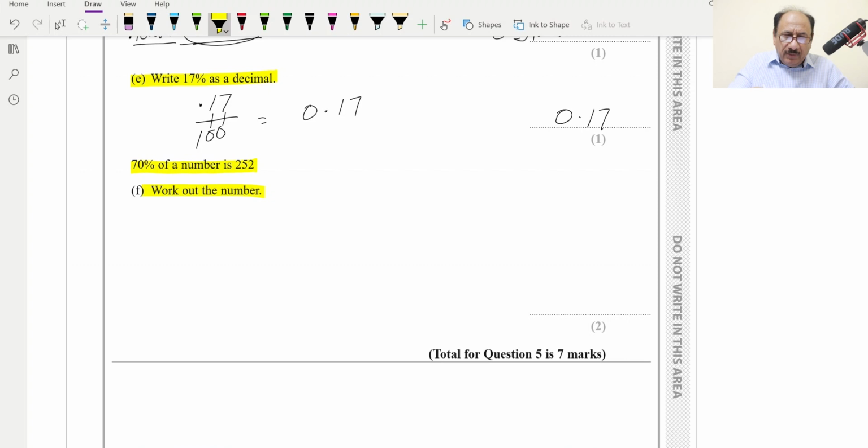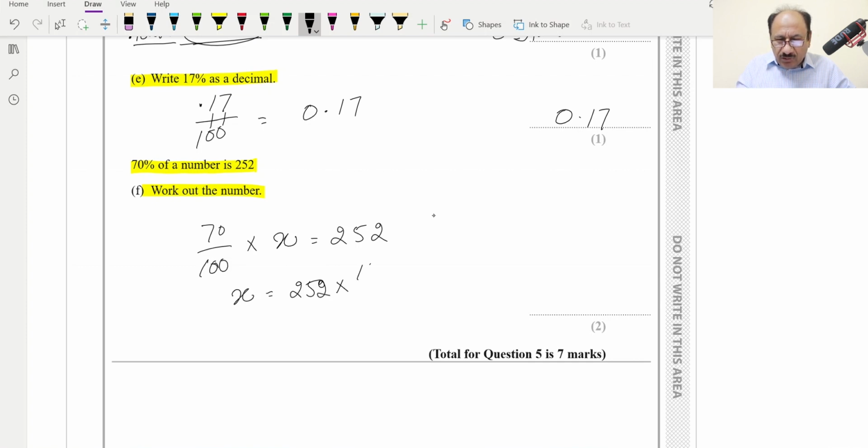Next, F part, 70% of a number is 252. Work out the number. So this is a reverse percentage question, 70% of a number which we don't know, so we can take the number as x, but we know that 70% of this x is equal to 252. Now we can find the value of x, so x will be equal to 252, and this 70 over 100 will be shifted to the other side, so it will go as 100 over 70.